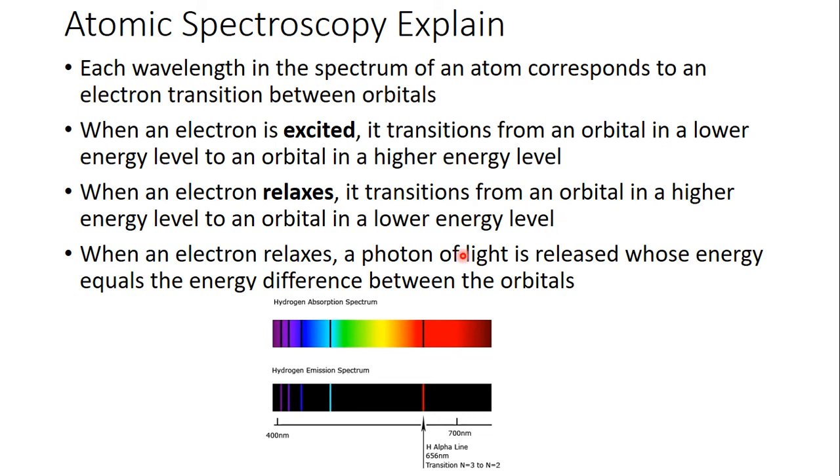Now, when an electron relaxes from high to low, it releases light, which we see in the emission spectrum. And when it's excited, we see it absorb light in the absorption spectrum. And the distance between these two energy levels, that is either relaxing from or being excited to, is the same distance, so it's the same energy, so the wavelengths of light are the same in both cases.